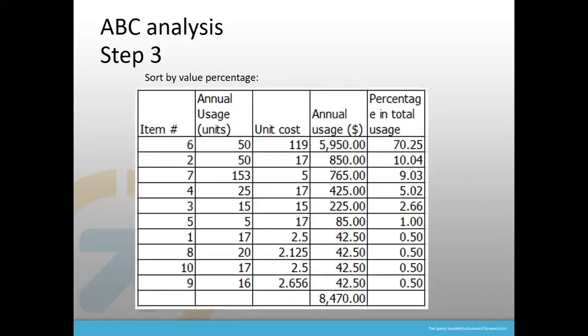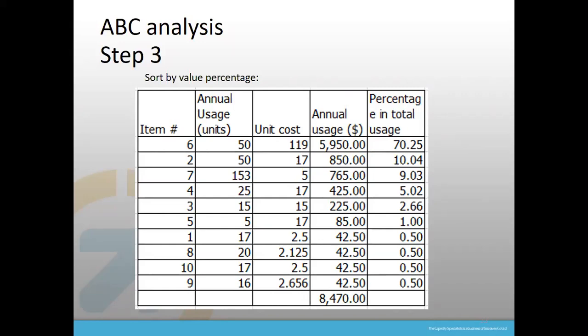And we sort this with Excel by percentage, the highest to the lowest. And the highest is item number 6. We know this already, 70.25%, followed by item number 2, 10.04%, and item number 7, just over 9%. And then it goes lower, 5%, 2.661, and then 0.5 percentage point.